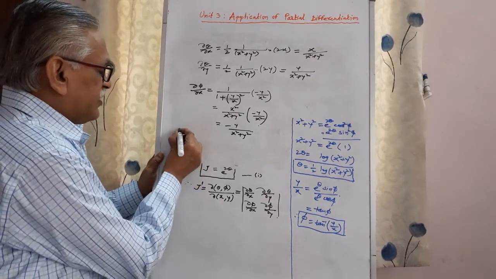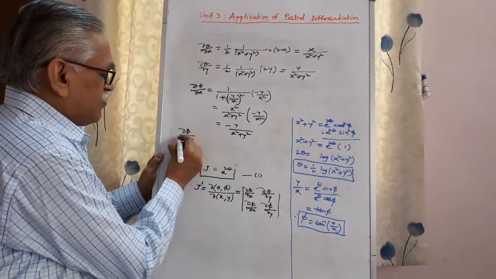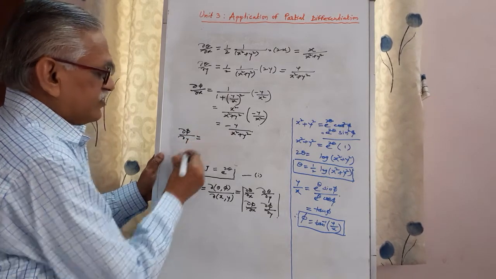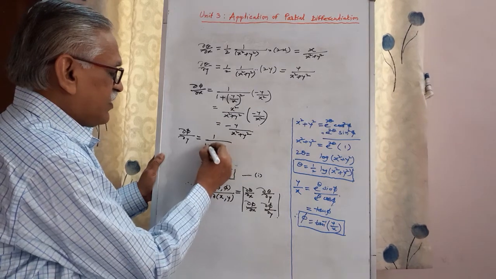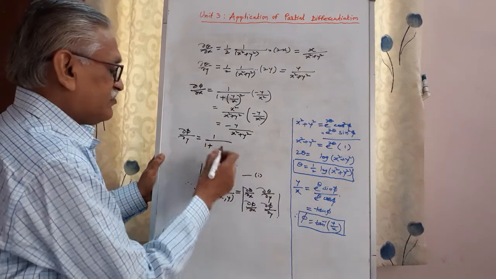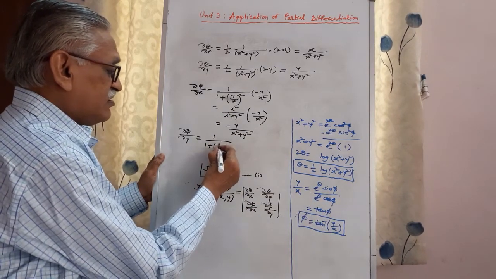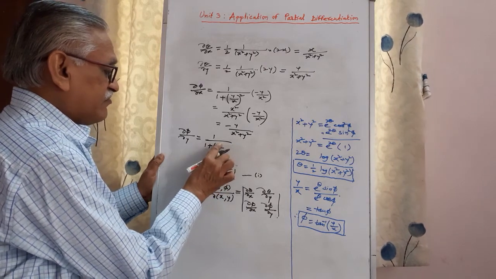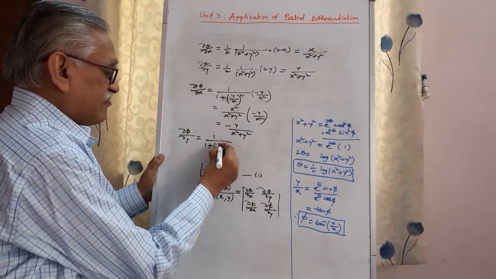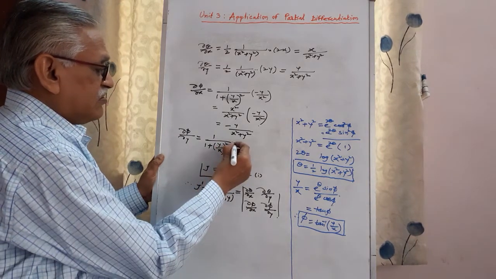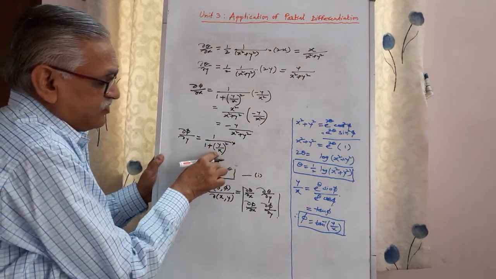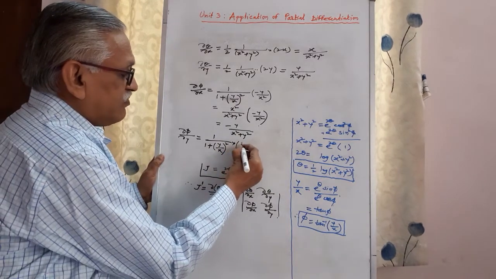Then differentiating phi with respect to y. Again, derivative of tan inverse is 1 upon 1 plus this angle square. It is y by x square. Chain rule. Derivative of y by x with respect to y. It is 1 by x.